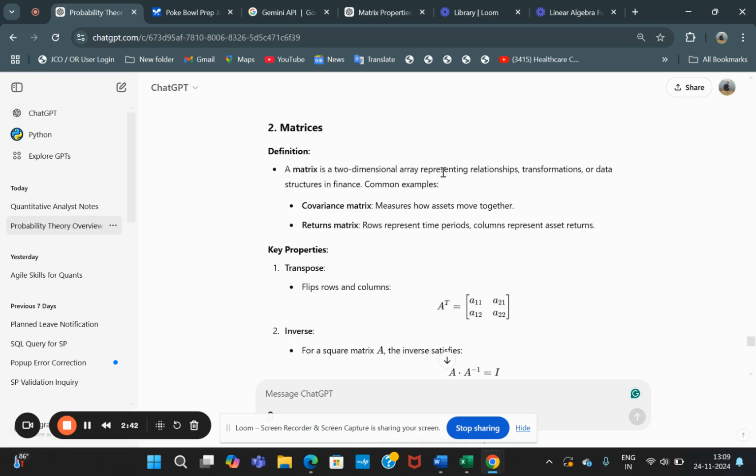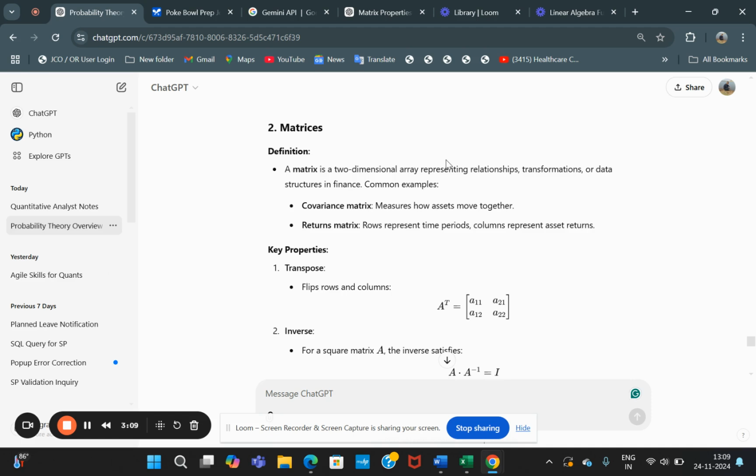So let's move to the next and most important topic, that is matrices. First look at the definition of matrices, and then we will move to the next topic. A matrix is a two-dimensional array representing relationships, transformations, or data structures in finance. A common example is the covariance matrix, which measures how assets move together.